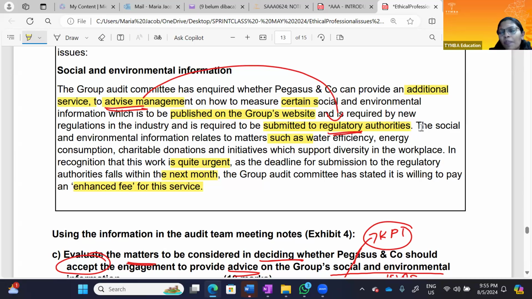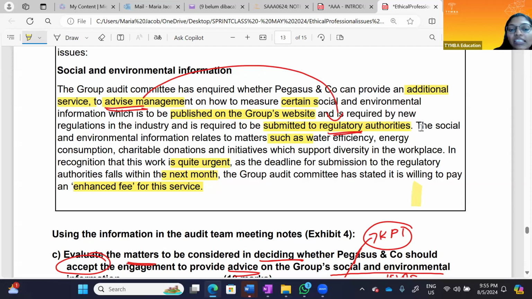Is it going to exceed my total fee, like the 15% or not? That one is aside, but the important thing to consider is whether I have the competence or not. But with no clear guidance on what they actually want, I am not sure whether I'm competent or not.